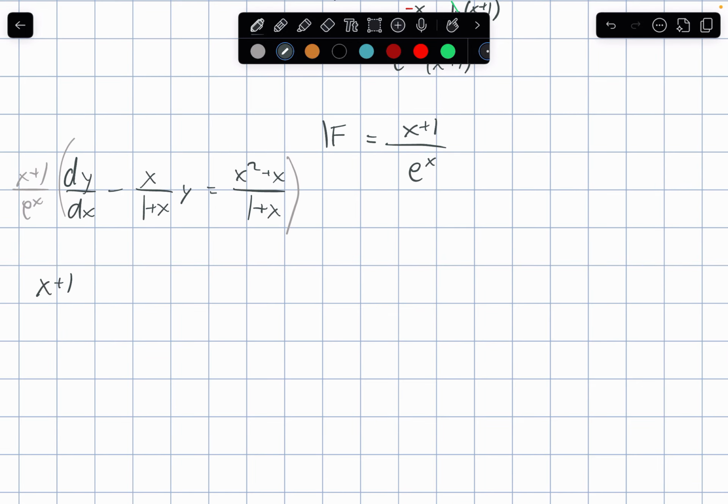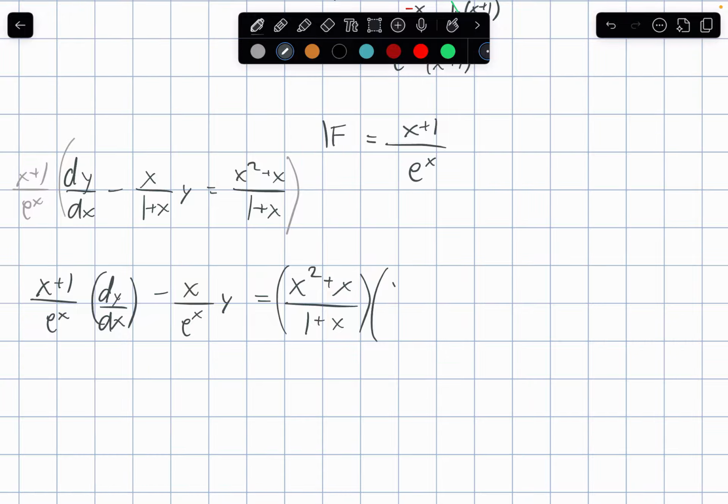Okay, so x plus 1 e raised to x times dy over dx minus, I think these cancel. I don't think you have to simplify it. You can actually.